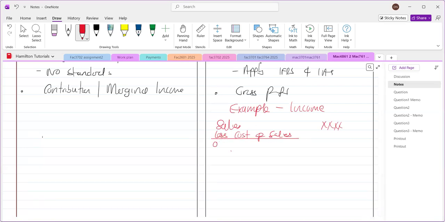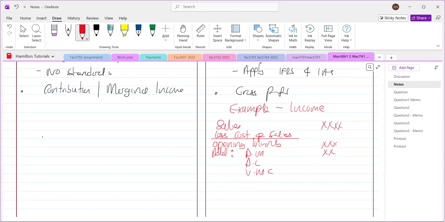Then you say opening inventory. Then you say add direct material. You may have more than one direct material, you add all of them. Direct labor, variable manufacturing costs.